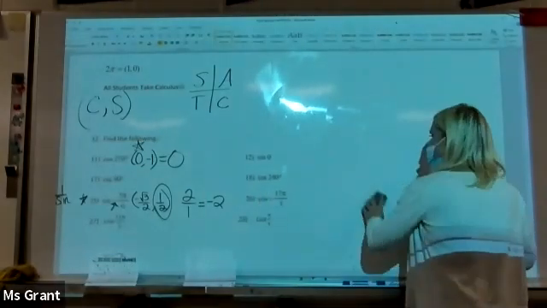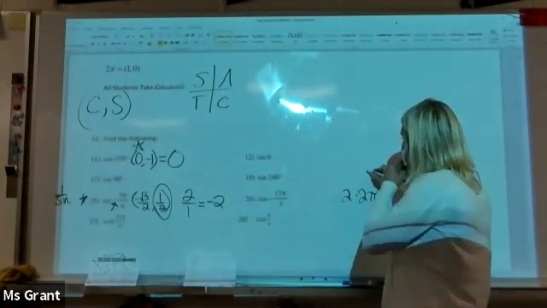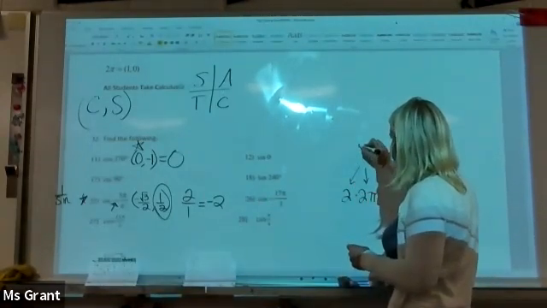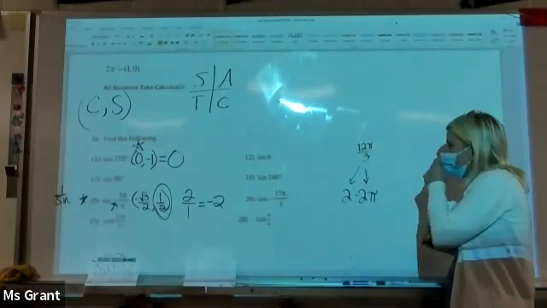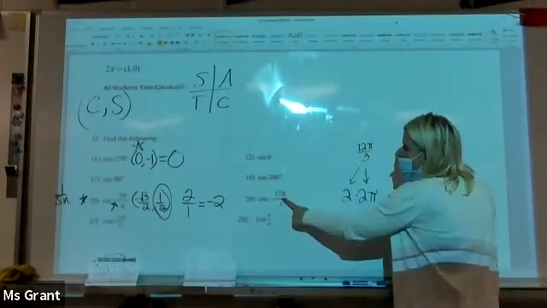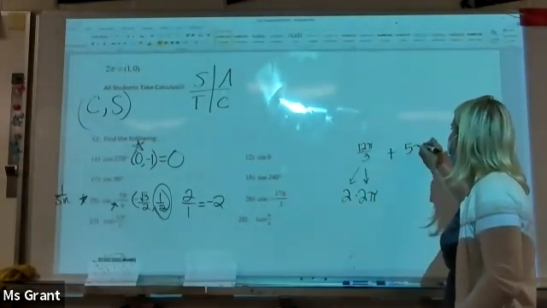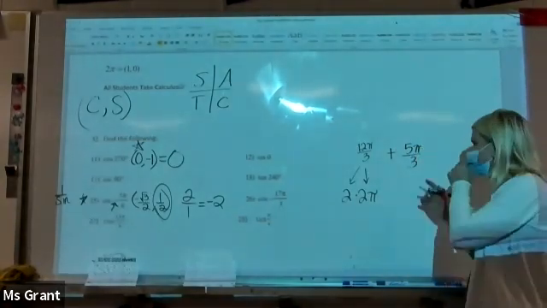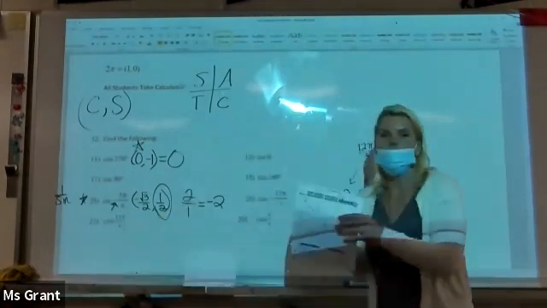So I'm going to go twice around, 2 times 2 pi. Remember, 2 pi, these two together are 12 pi over 3. Because I need to do 12, and how many more do I need to get to 17? Oh, I need 5 more to get to 17. So then I look at 5 pi over 3, because I went twice around.